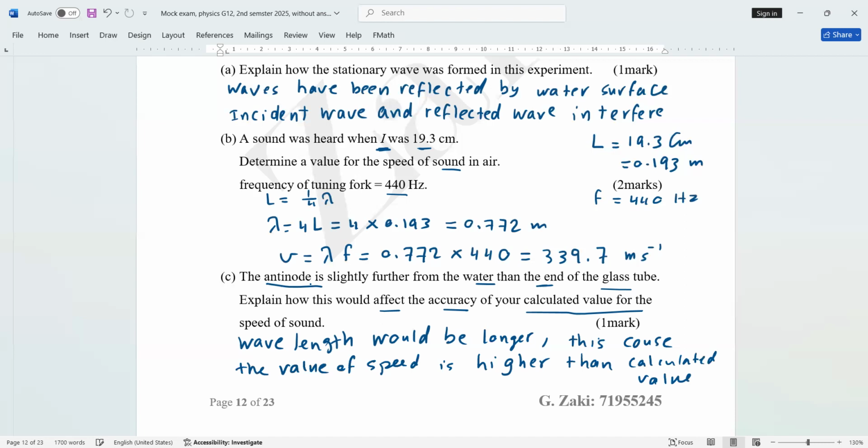Which is less accurate. So the calculation is less accurate because of this reason. Now, next question.